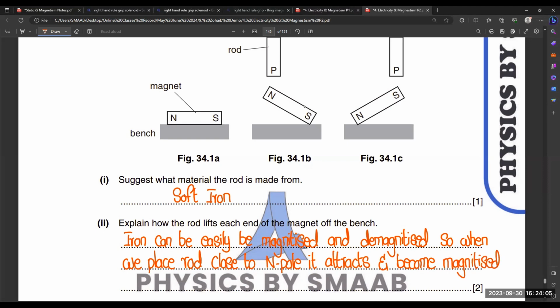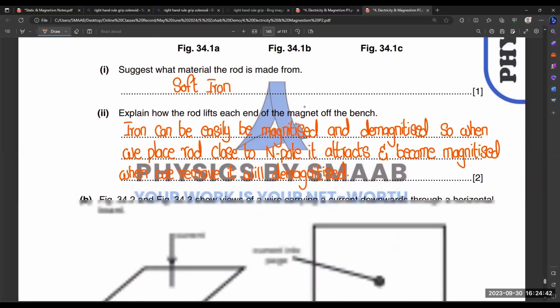And secondly, when we remove it from there, it will demagnetize. Okay, so this is the simple concept. Any confusion? No, sir. Okay.